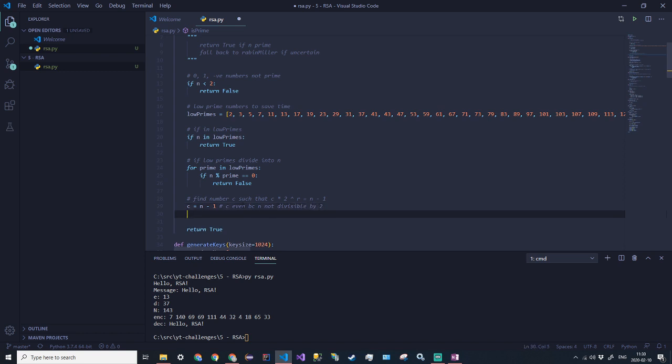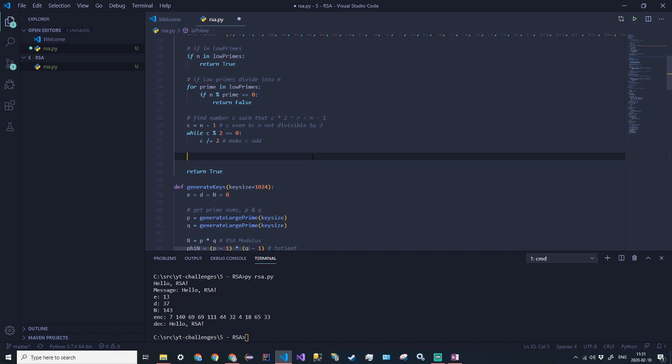Then we want to make C odd. So while C modulo 2 is equal to 0, while C is even, we say C divided equal 2, so we're just going to make C odd.